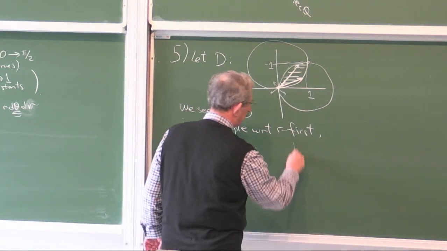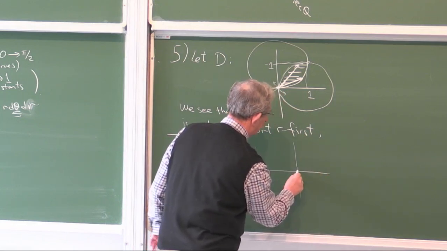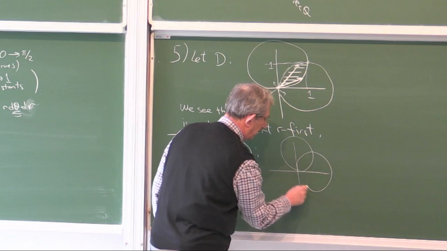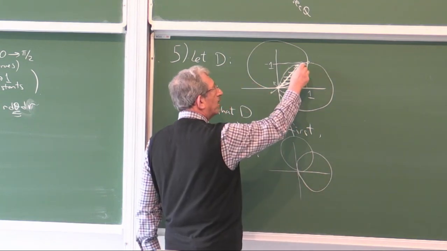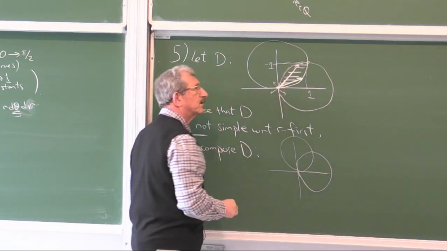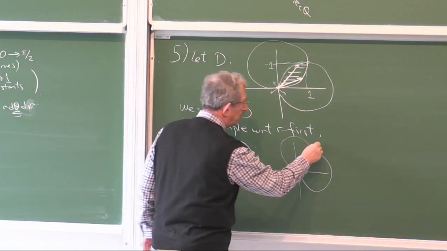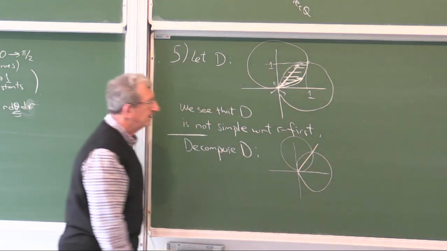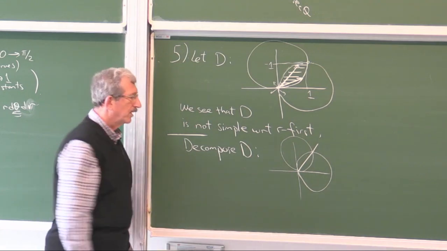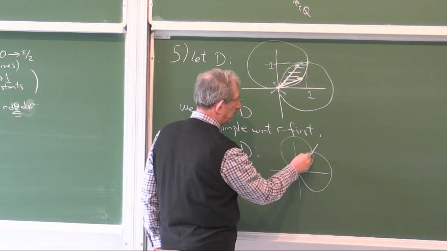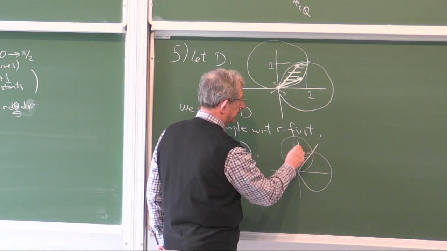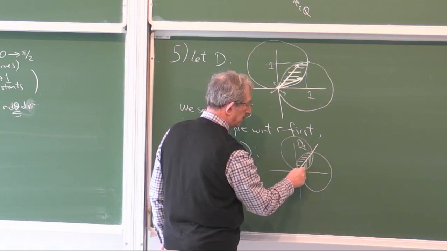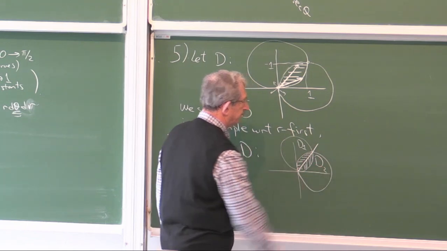Of course, how do we decompose it? Well, because the two circles are different, we have to show this difference, hence divide it in such a manner. You can call this part, say, D1, and this part D2.